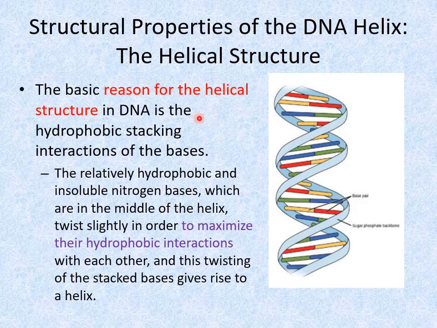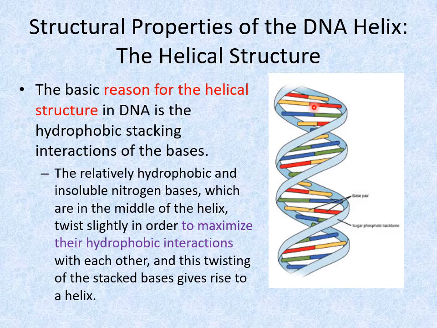Now the basic reason for the helical structure, why this DNA molecule is a helix. As we have seen in the previous slide, it is the hydrophobic nature of these nitrogen bases because of which the twist is there to maximize these hydrophobic interactions, and that leads when two adjoining bases are going to have a twist.